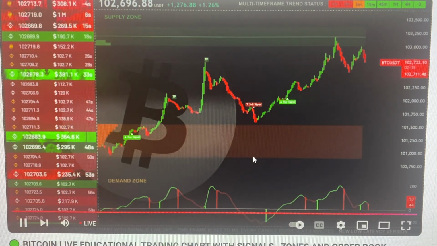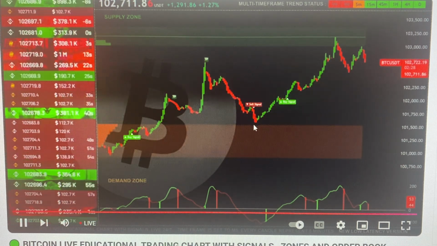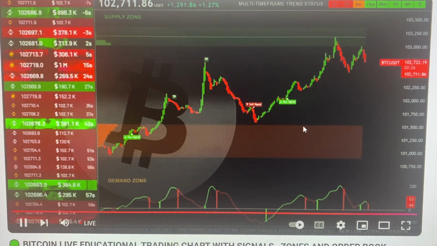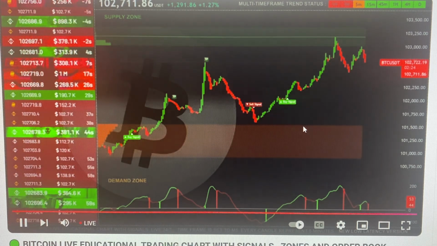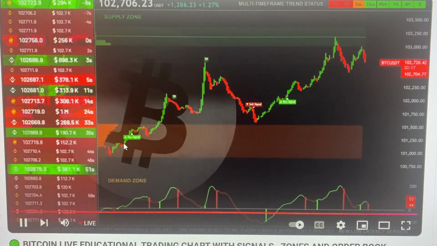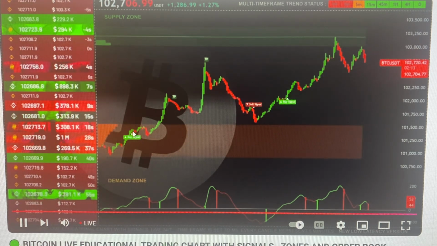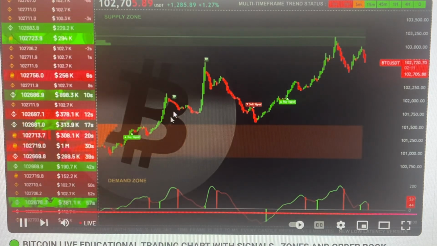You can see here it has an oscillator. Whenever it enters the demand zone between this color band, it's umber from this price to this price, I set my pivot points, and I was able to purchase the market at this price before the buy signal comes in. So this chart uses an algorithm that gives you buy and sell signals.